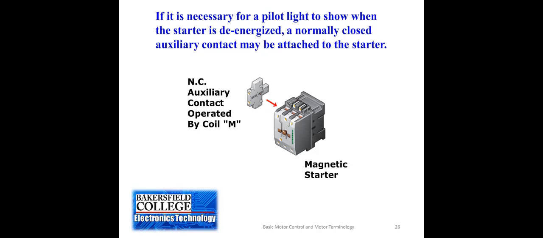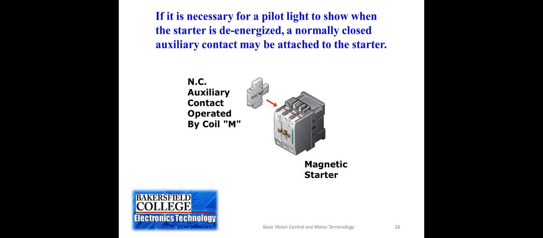Now, one of the things that we can do to allow a pilot light to be energized, as I said just a moment ago, is that we can use a relay contact to do that. When we have a contactor in a starter or some other control device, one of the things that we can do is either buy that contactor with extra contacts, auxiliary contacts they call those, or we can snap on an auxiliary contact block on the side of the contactor.